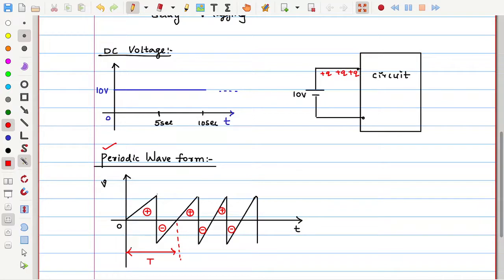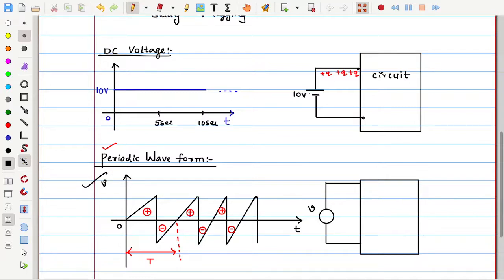Now observe that amplitude is continuously changing. What shall I say about this charge transferring from the source to the circuit? If I connect this AC voltage, let me say here I have some voltage source and I am trying to represent that with a certain circle symbol in which the voltage value is V, and this voltage V nature is represented over here.